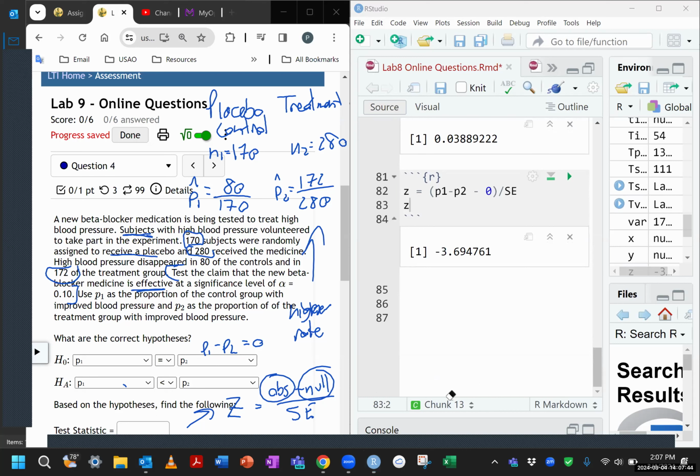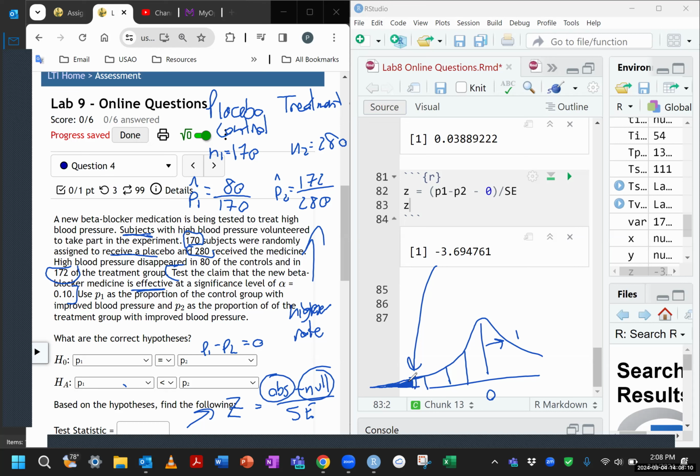Okay, so that means 3 standard deviations to the left. That sounds pretty significant. Let's see how much. So if I draw my distribution here, here's my z distribution, has middle 0, standard deviation 1, and I am 3 to the left, 2, 3. So I'm pretty far to the left. So whatever this value is here, I want to find that value of anything more extreme.